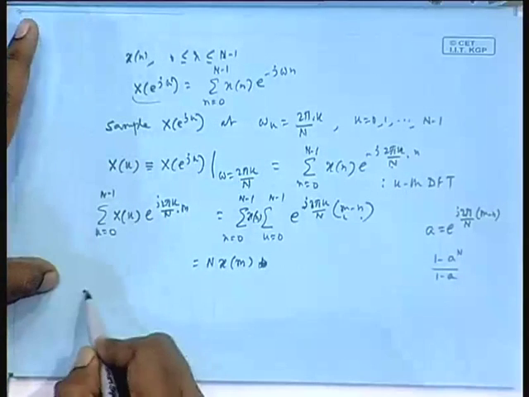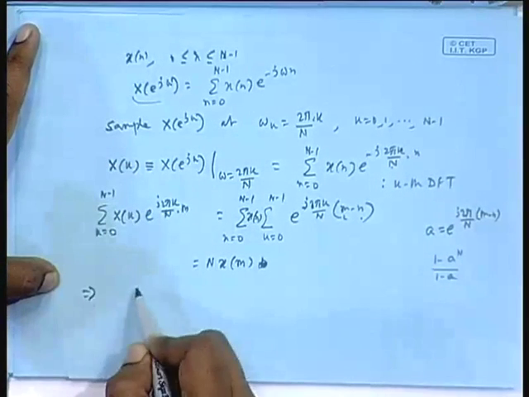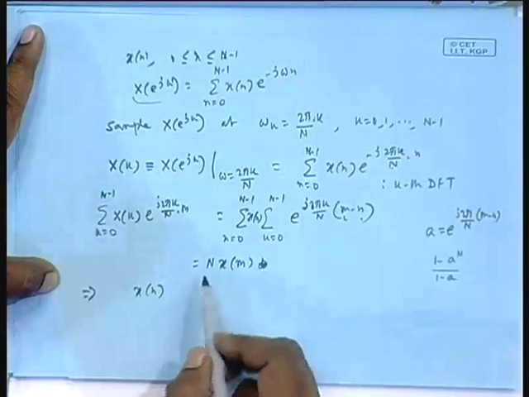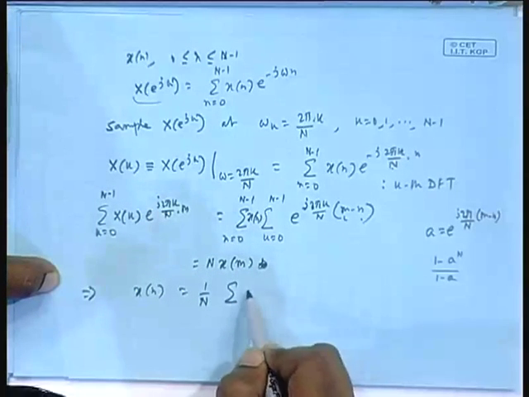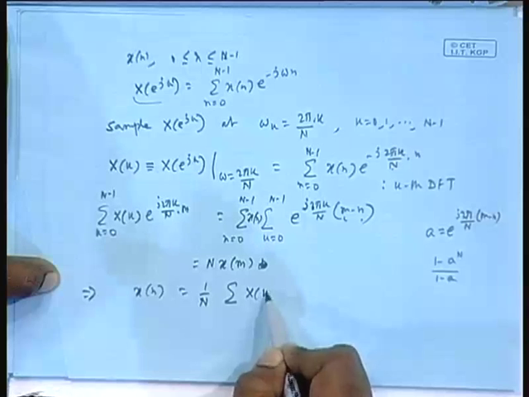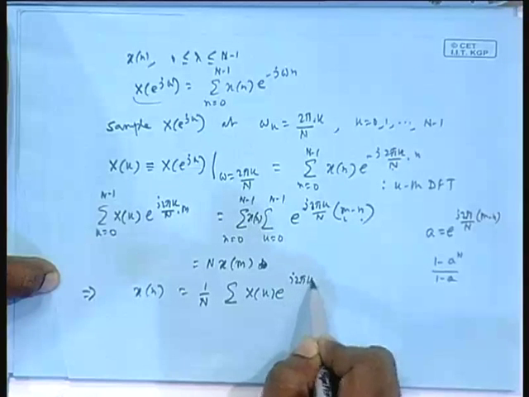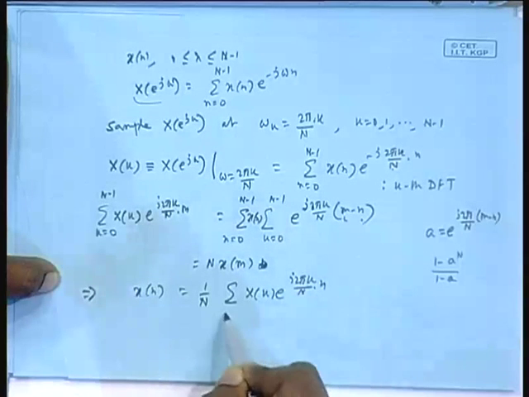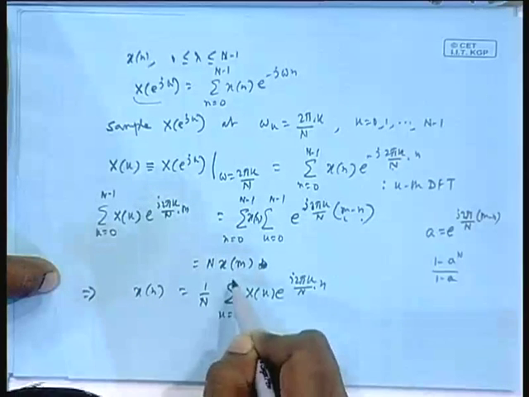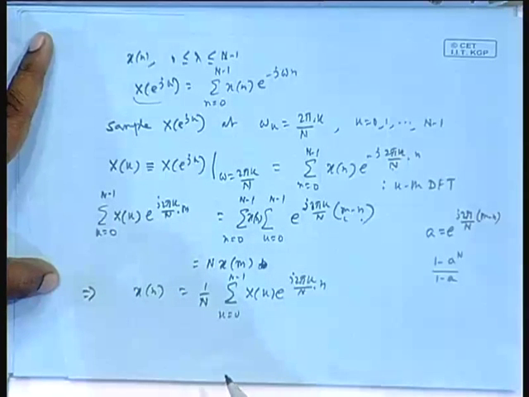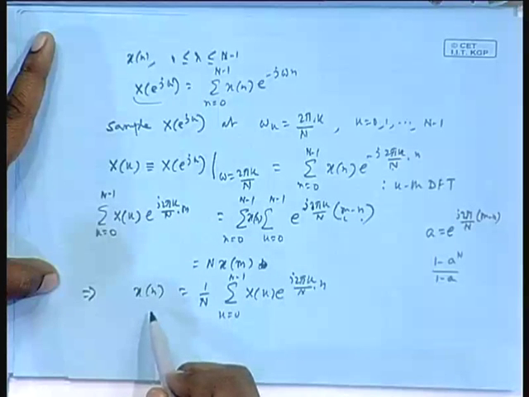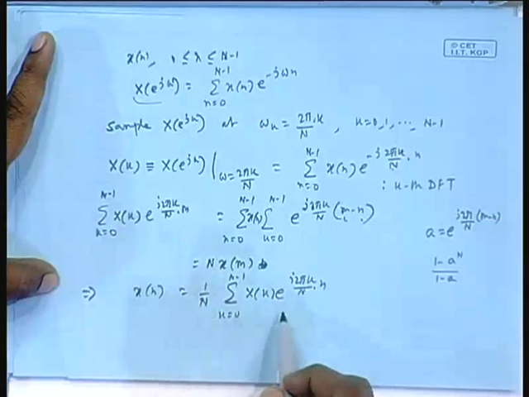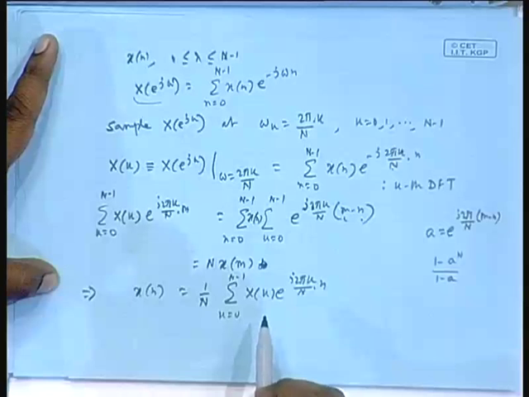So, that means instead of small m, now I write the general form for any sequence x n is 1 by n times the sum. This is called the inverse DFT formula. From the DFT coefficients, how to get back x n. But remember you can treat this formula, and that is how it should always be taught, as what?